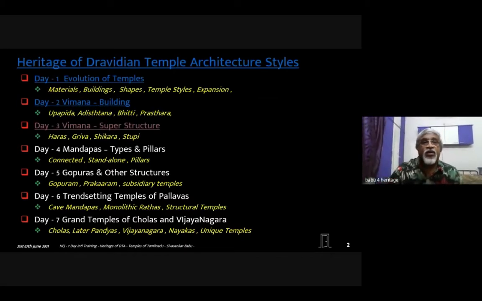So today, the section 3 contains, before we start on this, a recap of what we discussed on the last day on the basic 6 components of a temple Vimana, and 2 additional components that are there for some of the other Vimanas.